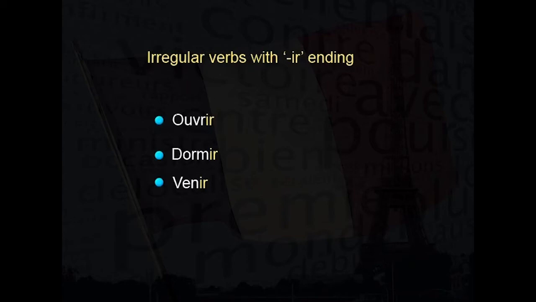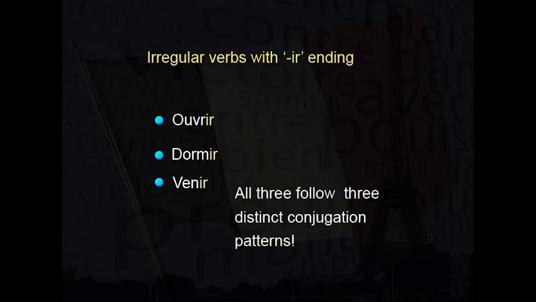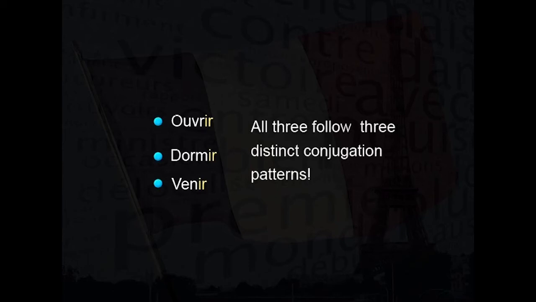These verbs are known as irregular verbs since they do not follow the same pattern of conjugation as second group verbs. These irregular IR ending verbs lack the ISS letter combination that is characteristic of the present tense conjugation of second group verbs. Additionally, all three verbs ouvrir, dormir and venir follow three distinct conjugation patterns.